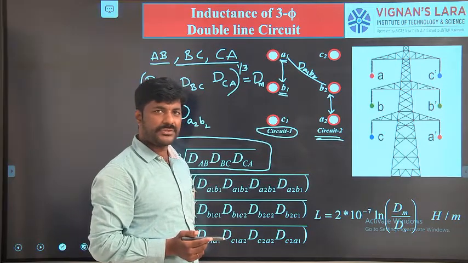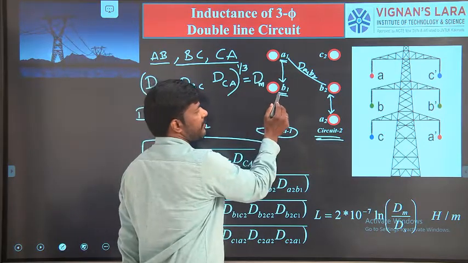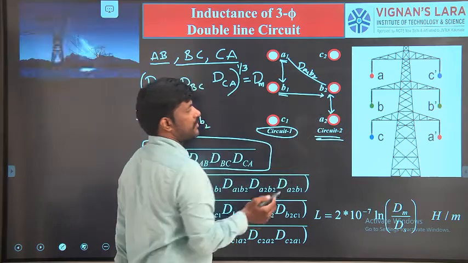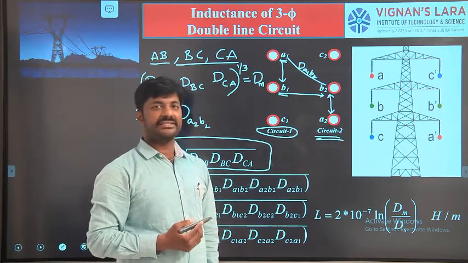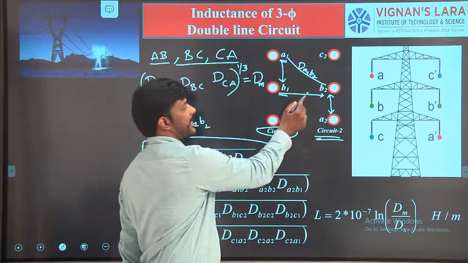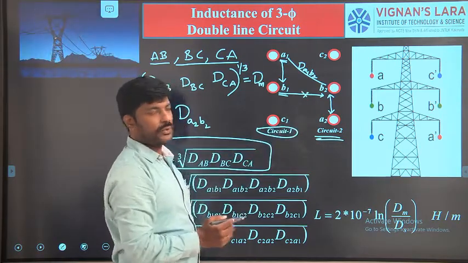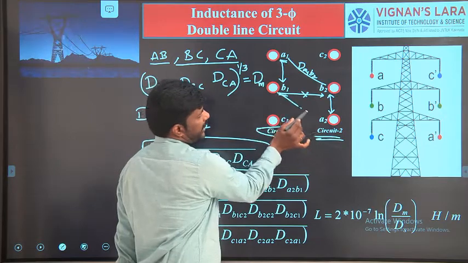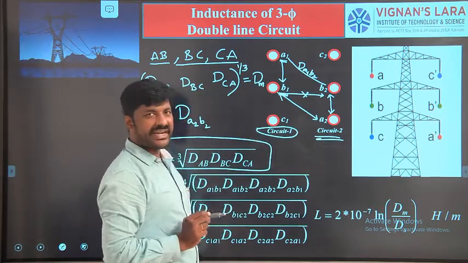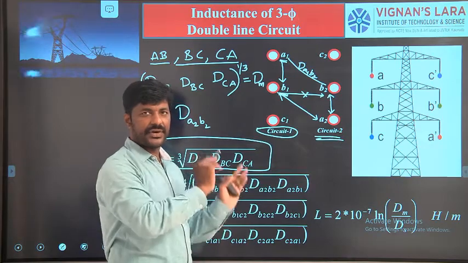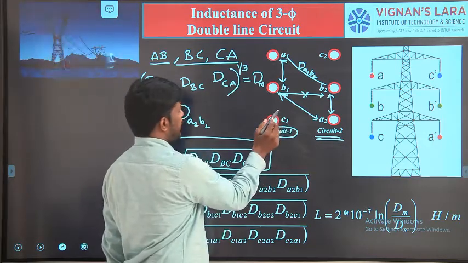Then what are the other possible distances? Sir, B1 to B2, do I have to take it? No need, because previously we already considered it as a self value. That is why I am not taking this. Then what to do? Yes, B1 to A2. Yes, this is a mutual, because they are two different conductors from circuit 1 to circuit 2.